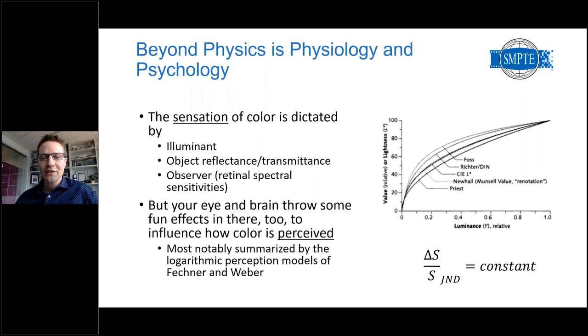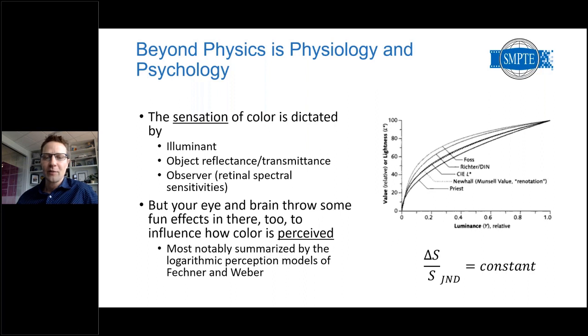But as the previous discussion has led us to understand, there's some strangeness that is happening. And it is a combination of physiology and psychology that leads to the field of color science we call either color appearance or color perception. Both are synonymous terms.